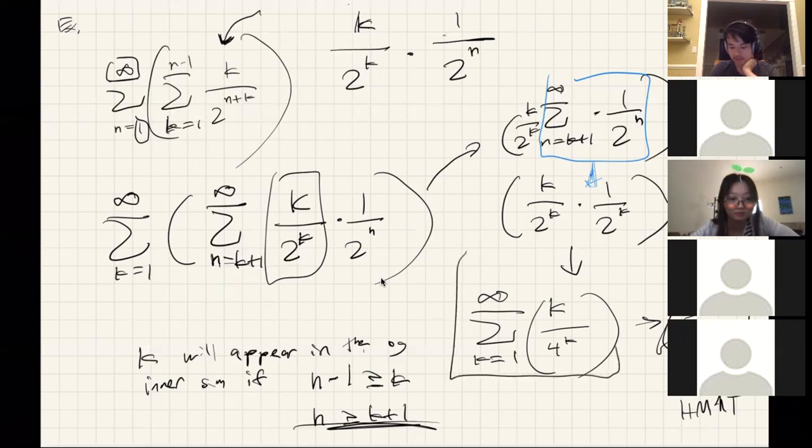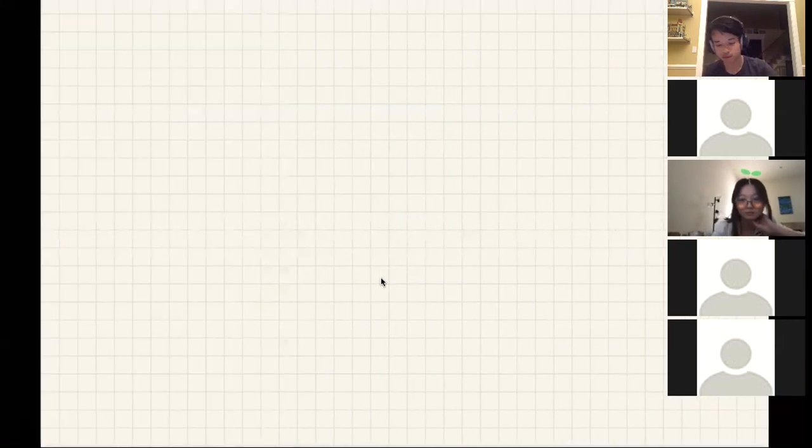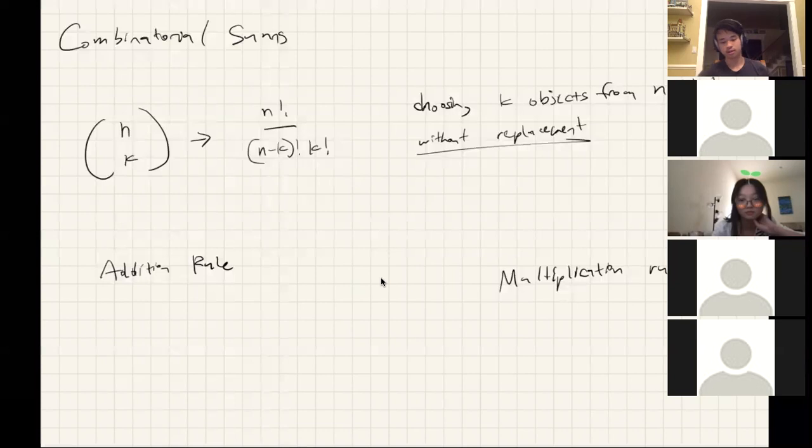And from there, it just became an arithmetico-geometric series, which we can easily simplify into 4 over 9.